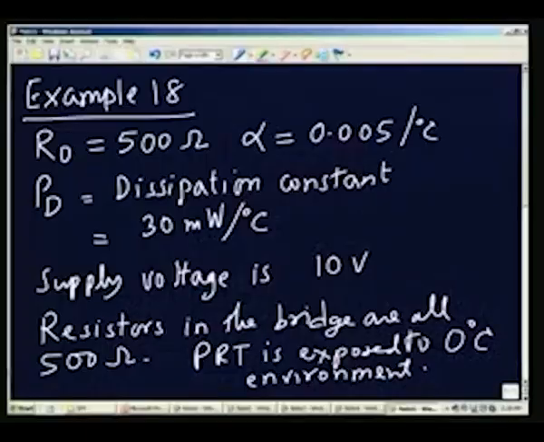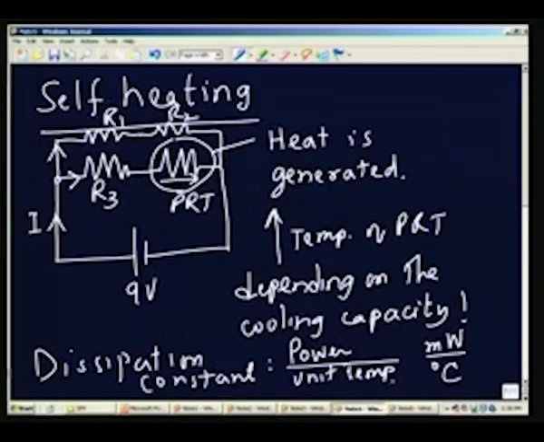So, we would like to find out what is the status of the thing. In the previous case I want to find out if I make a variable resistor there, what is the value of R3 for which there will be a null. That means that I want to see what is the value of R3 which will make the bridge come to balance.